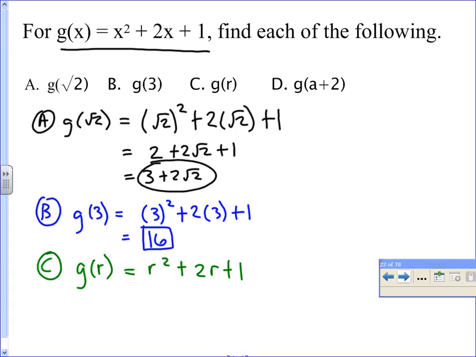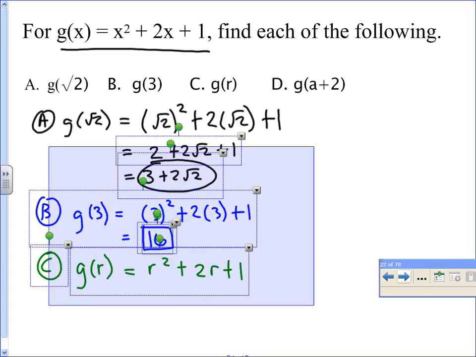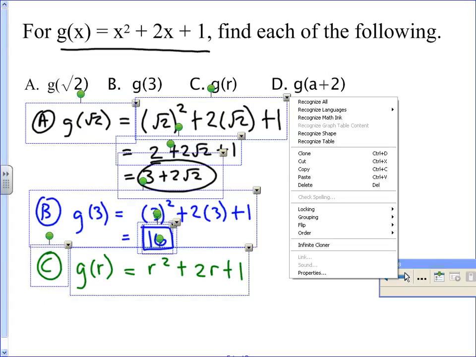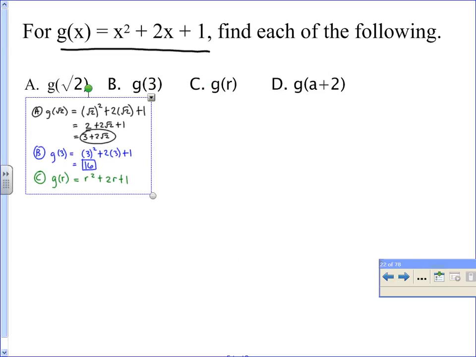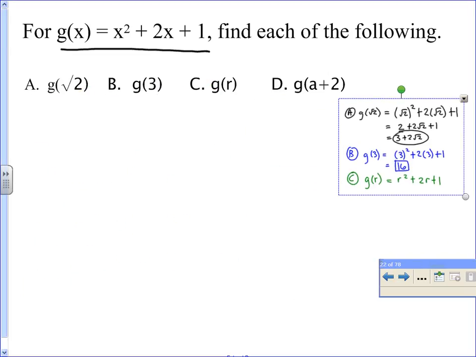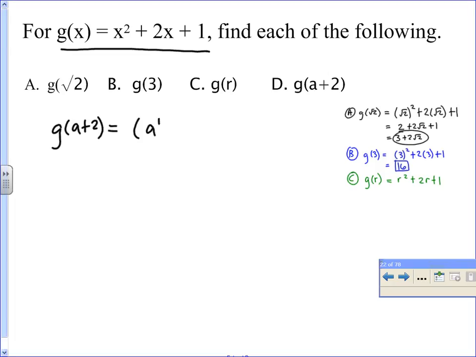Okay, and then the last one, D, let's give ourselves a little more space for that one. So we're finding g of a plus 2. That means all of my x's need to be replaced with a plus 2's. And then I need to do a little algebra for that. So if I do a plus 2 quantity squared, then that's going to produce a squared plus 4a plus 4.